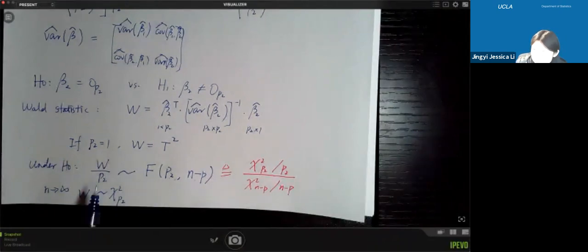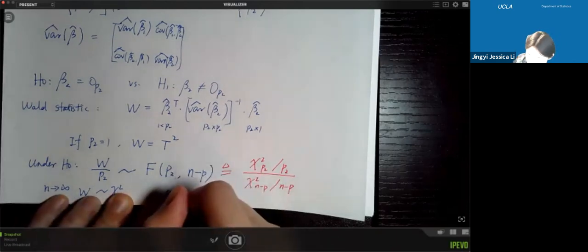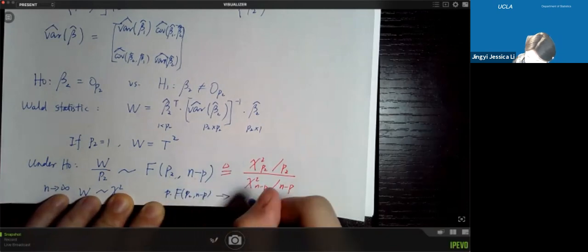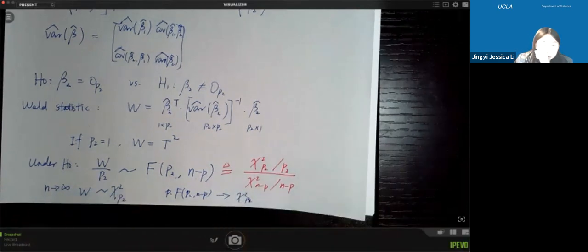In other words, P2 times F with P2 and n minus p degrees of freedom converges to chi-square P2 as n goes to infinity. You can think of the F distribution as a finite sample, small n adjustment for chi-square, while the t distribution is a small sample adjustment for the standard normal distribution.